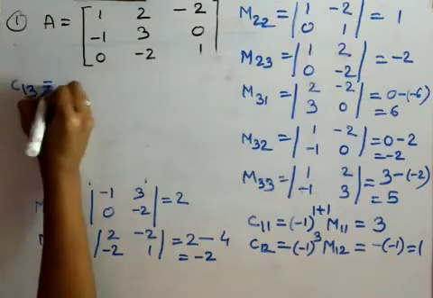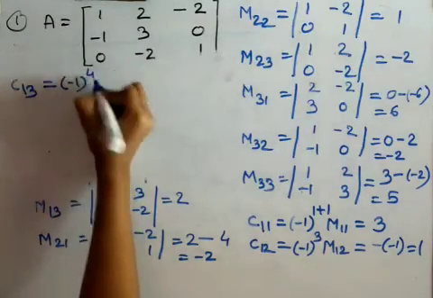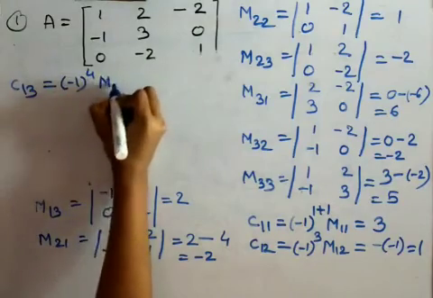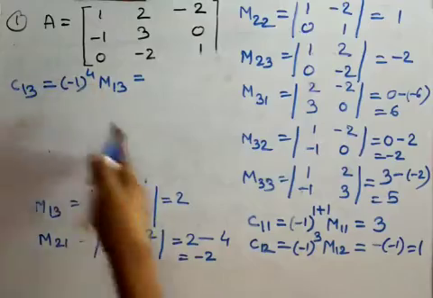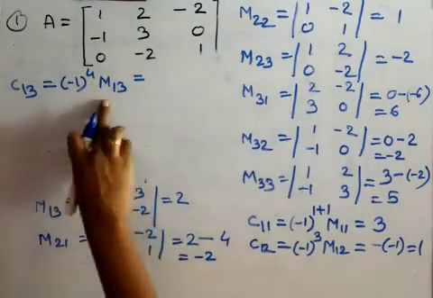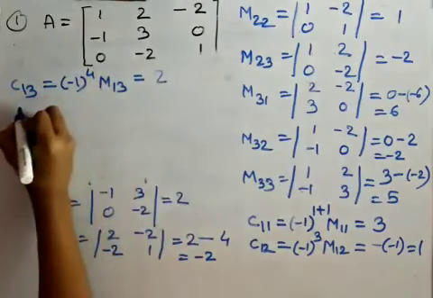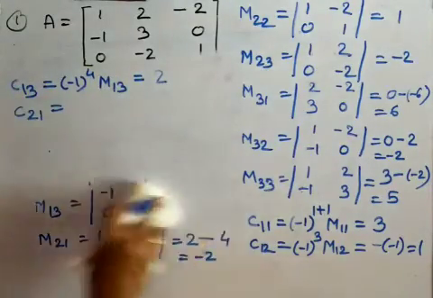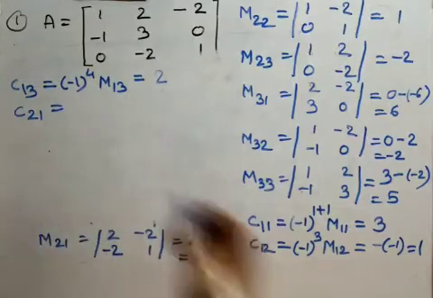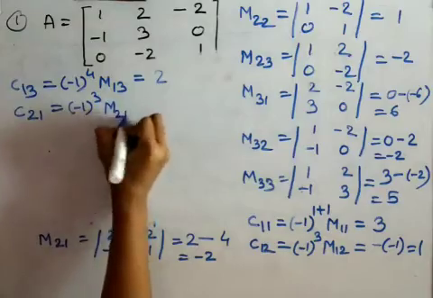Next, C13. For C13, the formula becomes minus 1 raised to 4 into M13. Minus 1 raised to 4 is plus 1 and M13 is 2. So the answer is 2. Next, C21. The formula becomes minus 1 raised to 3 into M21.